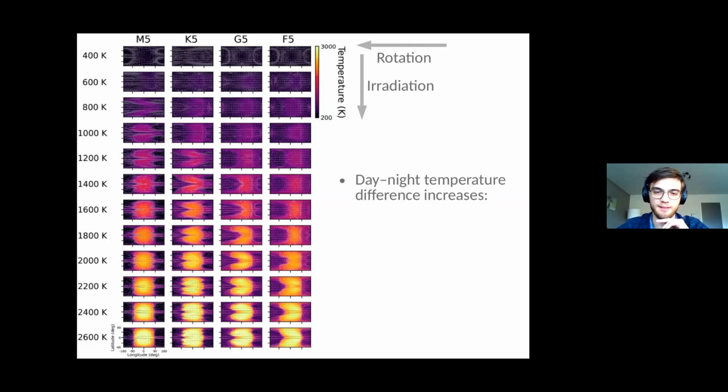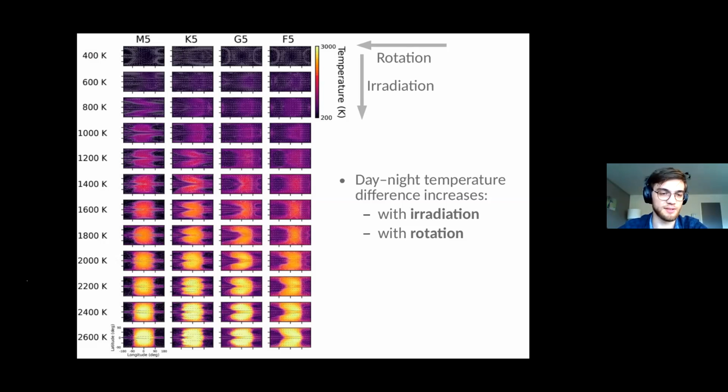And that is about the day-night side temperature difference. You can see that the difference between the day side temperature and the night side temperature tends to increase with irradiation and with rotation. With irradiation, it makes sense, I think, when you look at the colors here. The day side temperature goes up quite a lot, whereas the night side temperature remains more or less cool, so the difference will increase.